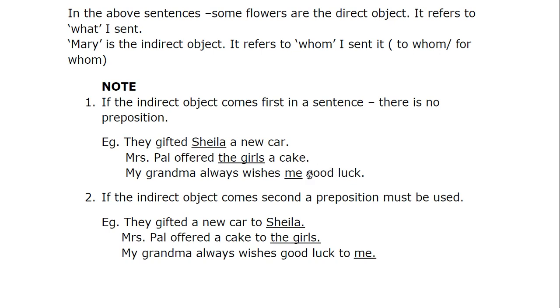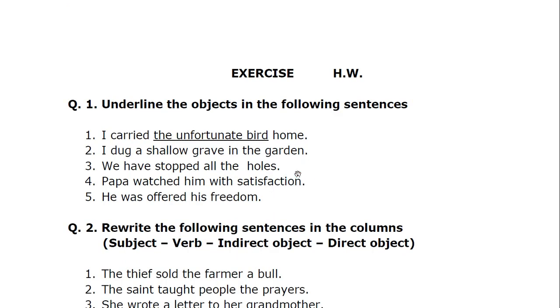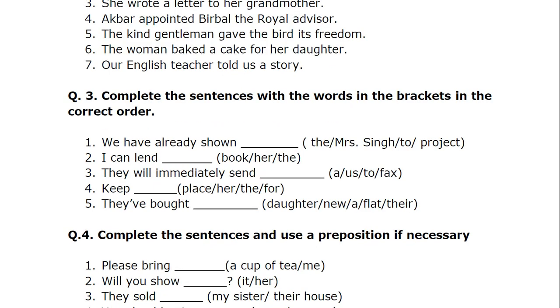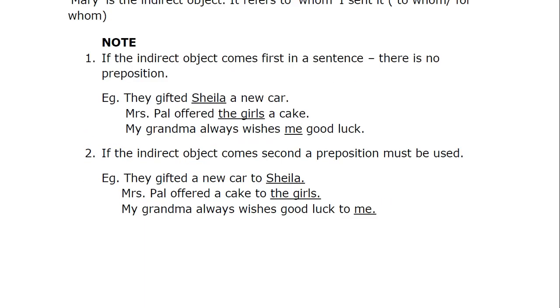No. Now if you interchange it, change it the other way around, then you have to add a preposition. Like see, for example, if the indirect object comes second, a preposition must be added. Same sentence, just changed the position of the direct and indirect object.